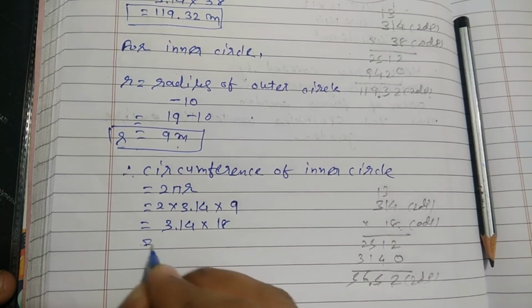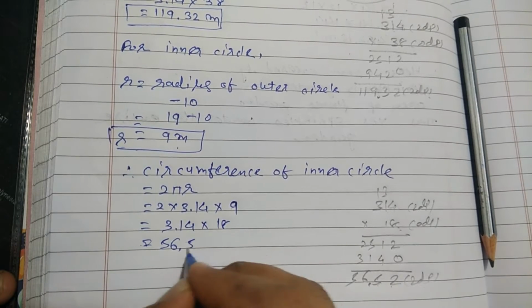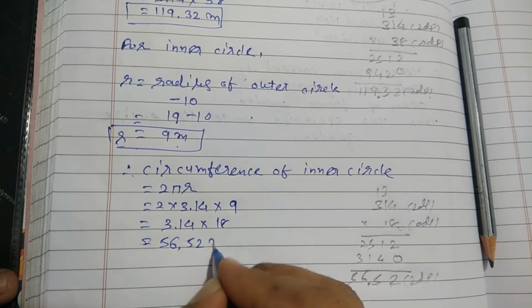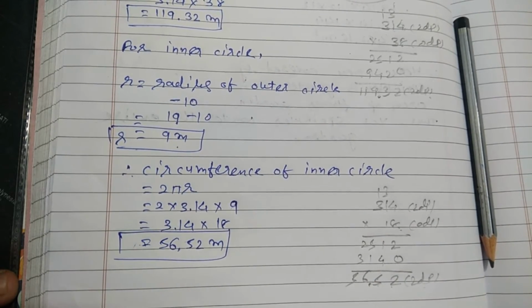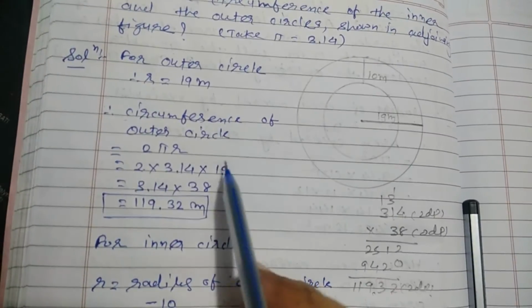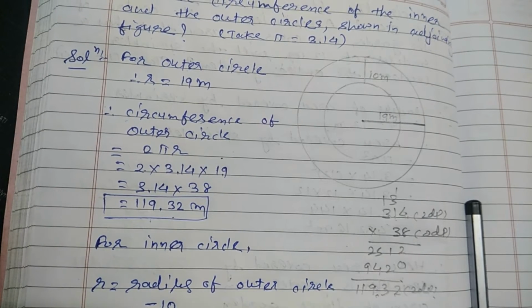So our answer is 56.52. It is circumference, so the unit is meter. So circumference of inner circle is 56.52 meter and circumference of outer circle is 119.32 meter.